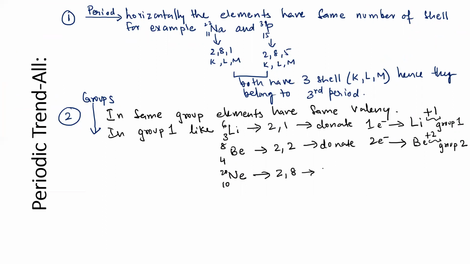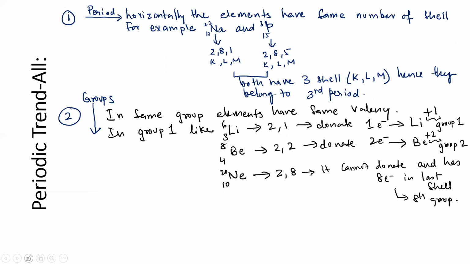So technically, it cannot donate and has 8 electrons in the last shell. So it is in the 8th group. Okay. So this number will actually decide the group here.